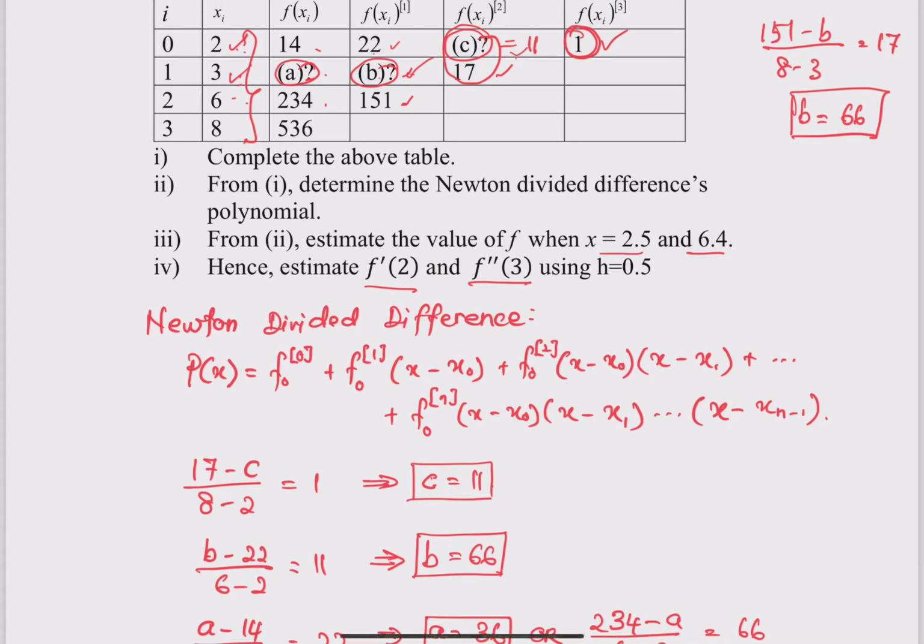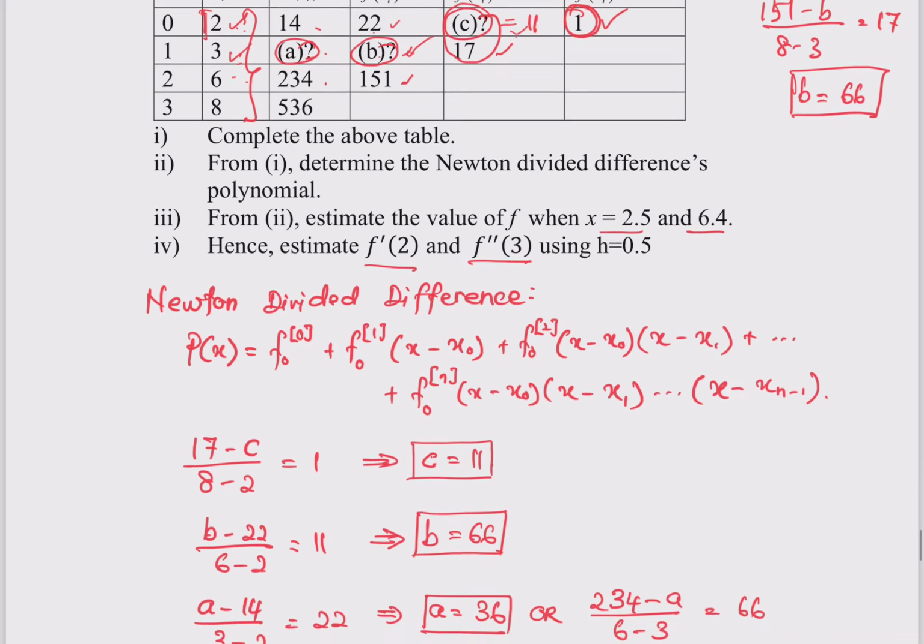So this is what you already learned in the previous chapter, and then hence estimate f prime 2. So when x is equal to 2, you have so many formulas for the first derivative, but we need to choose the correct one.